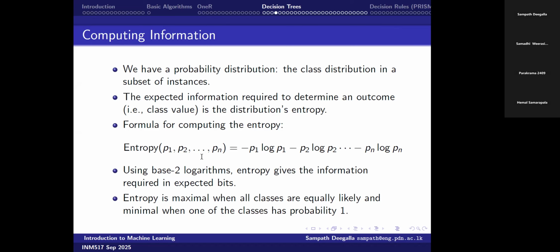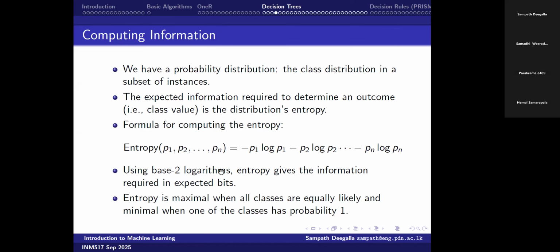So for example, when we have outlook is sunny, we had 2 positives and 3 negatives. So 2 out of 5 and 3 out of 5 and so on. So we can calculate this, and this is the equation we are going to use for calculating the entropies. When you use the log in base 2, the output is in bits.